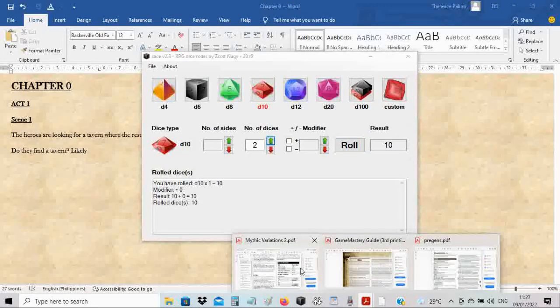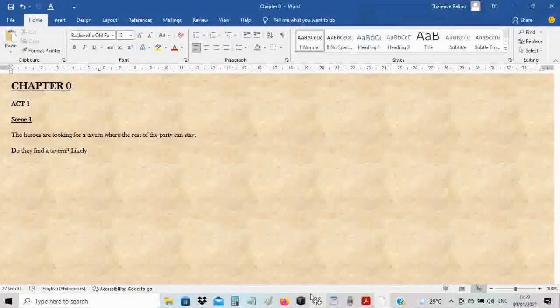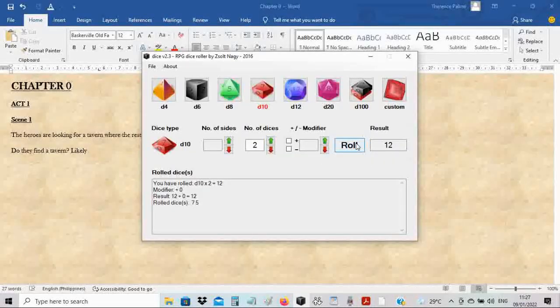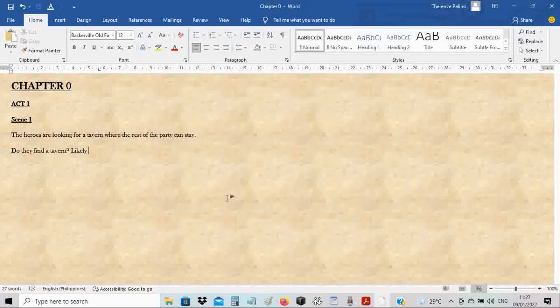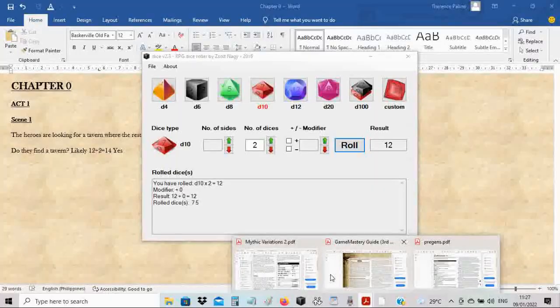So, likely gives us a bonus of +2. 12 plus 2 equals 14. And since that's above 11, it's a yes. Let's see what numbers were rolled. A 7 and a 5, both odd.